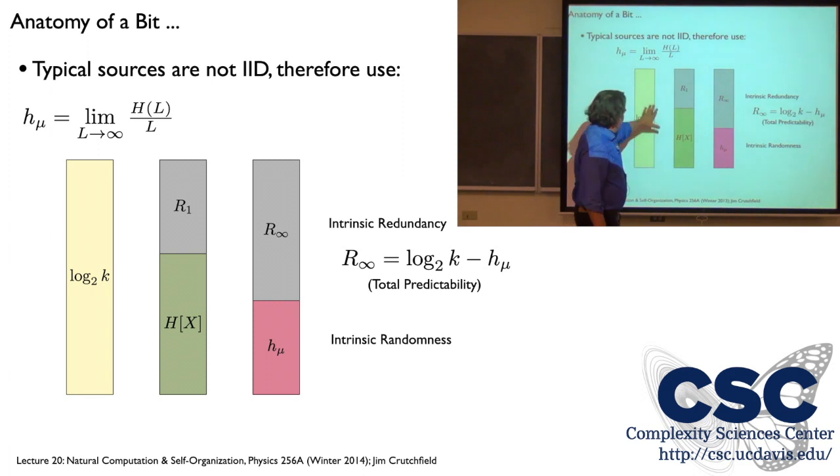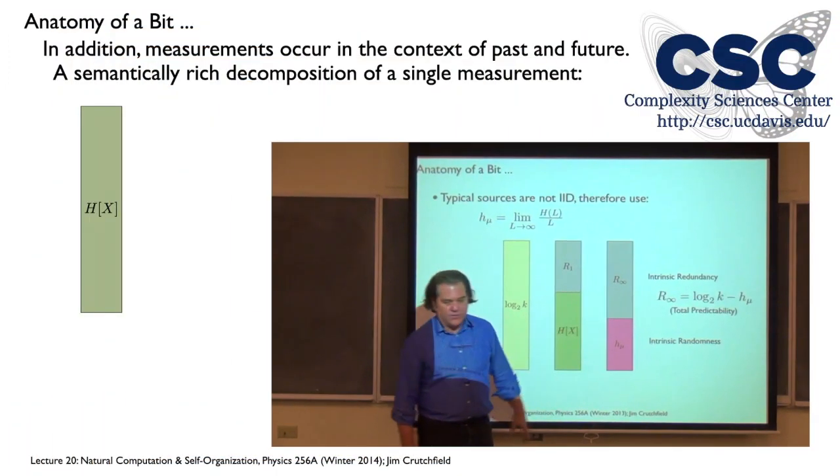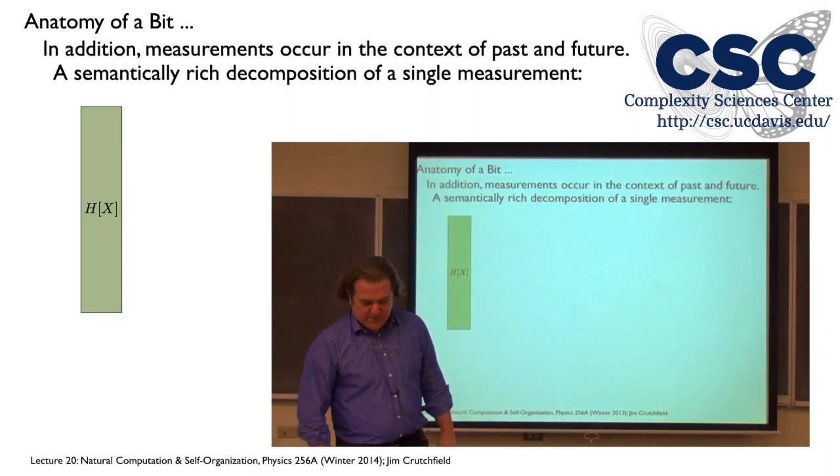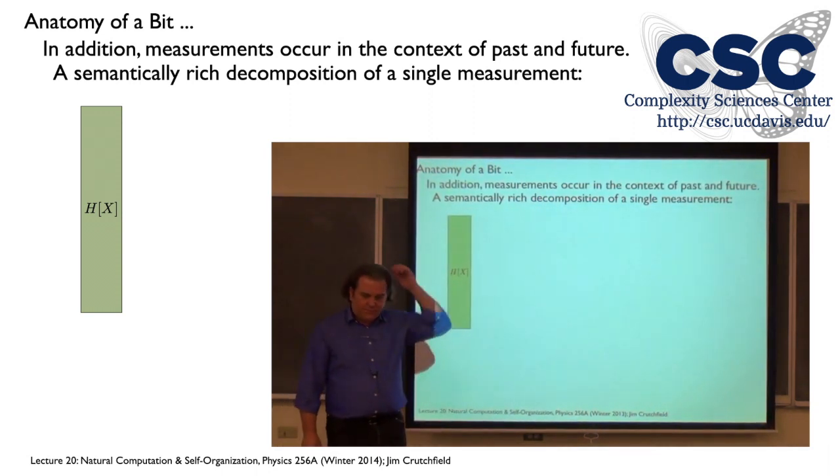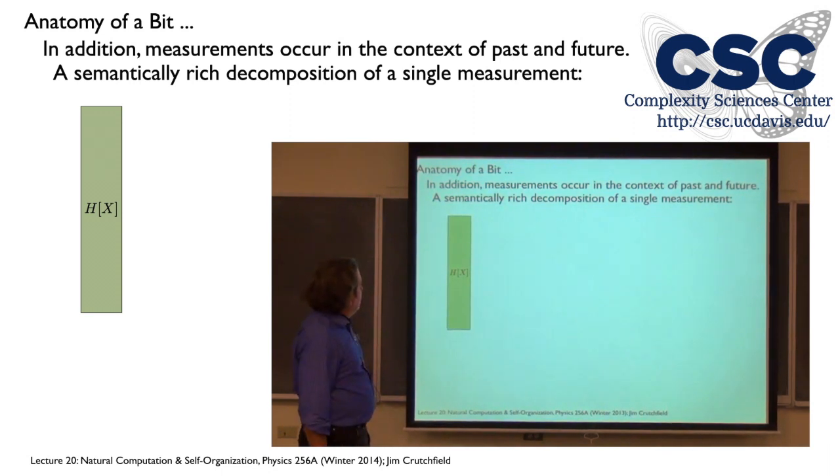What we're going to do is actually not so much compare to the raw alphabet size, but look at this compared to the single symbol, single variable entropy, and ask what information that contains.